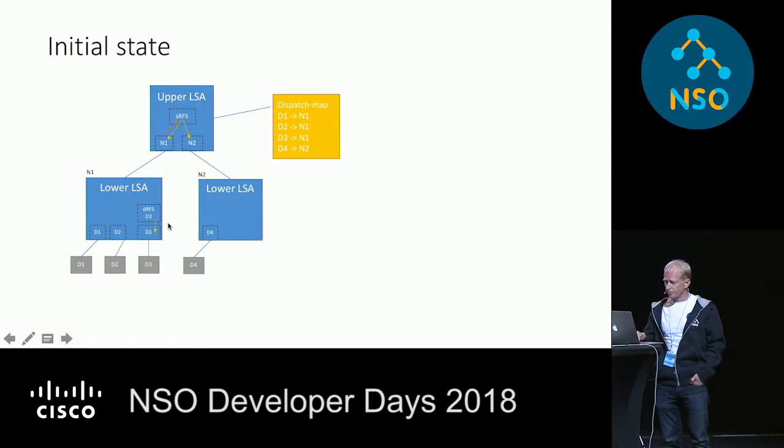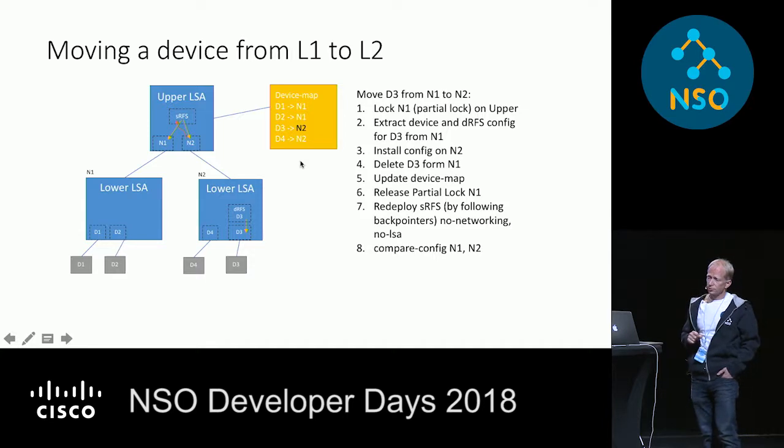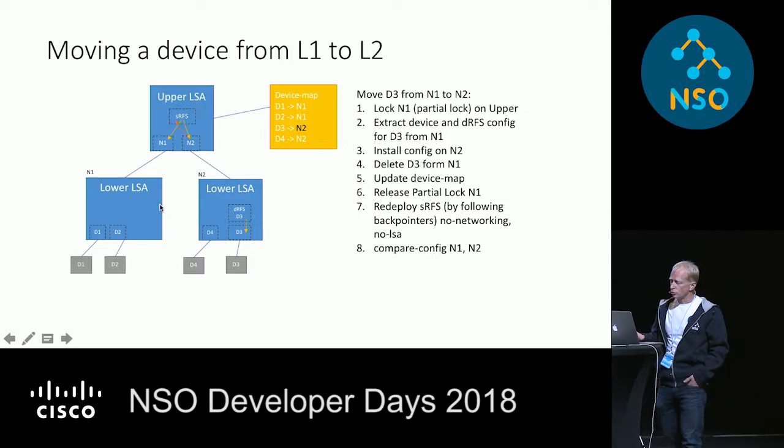So suppose it looks something like this. We have two existing nodes. We have a dispatch table that's used by the service logic on the upper LSA node, saying that device D1 resides on node 1, D2 on node 1, D3 on node 1, and D4 on node 2. Now, to move a device from N1 to N2, what we do is we take a partial lock on the upper node for N1, which prevents anyone from provisioning new services on that particular lower NSO node.